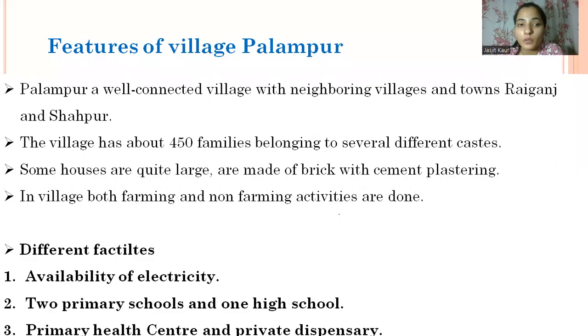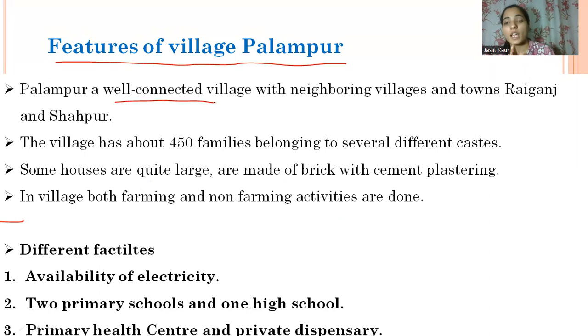So now we're going to study the different features of village Palampur. Here we will see what different facilities are available, or what different features there are of village Palampur. Village Palampur is a well-connected village with neighboring villages and towns, that is Raiganj and Shahpur.